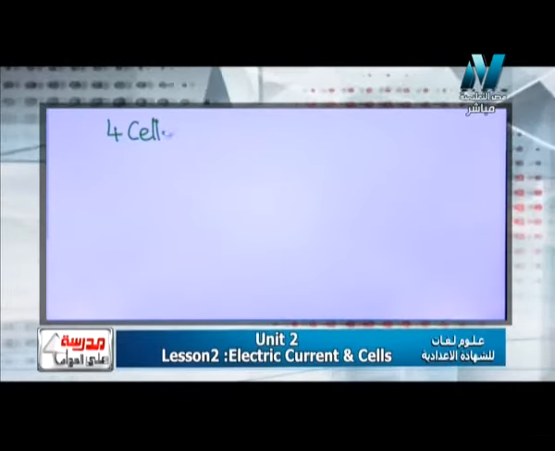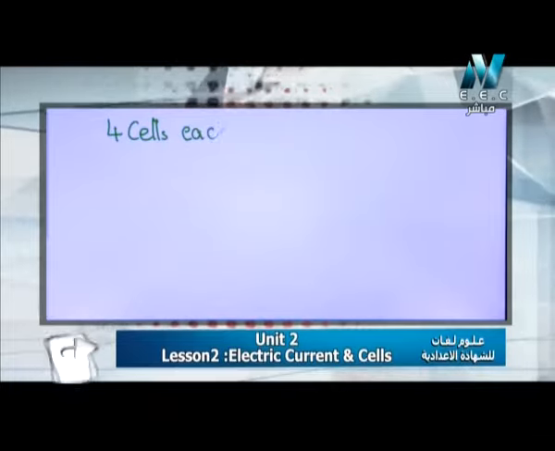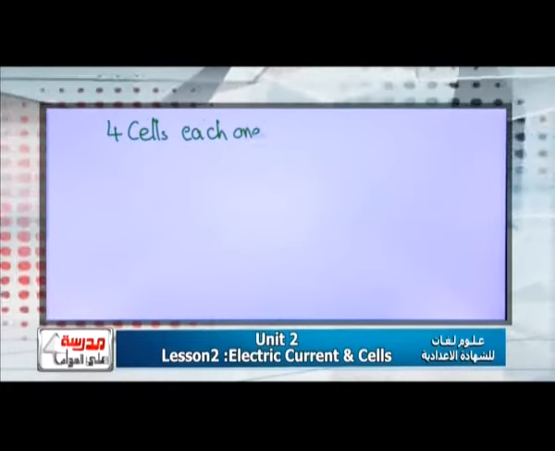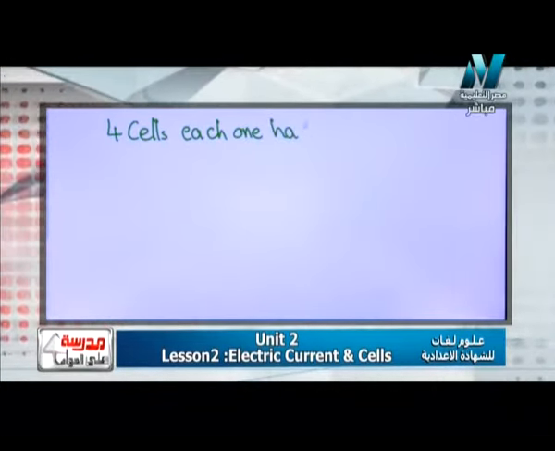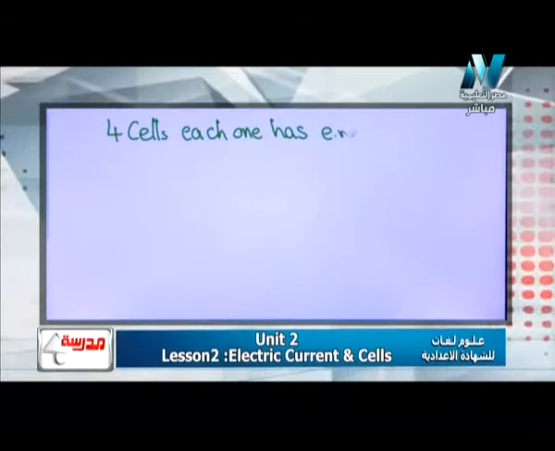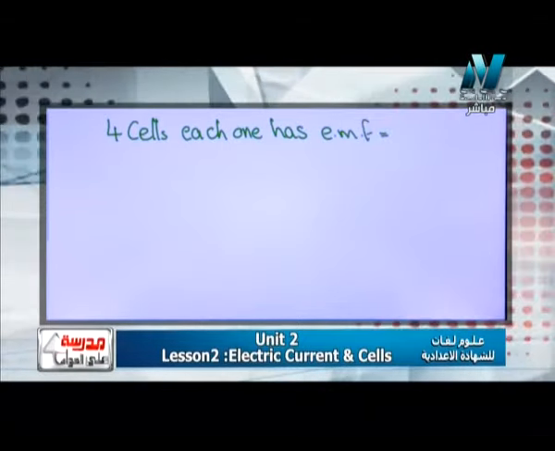You have 4 cells, each one has electromotive force equal to 1.5 volts.